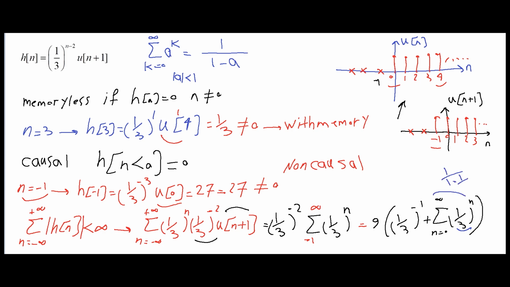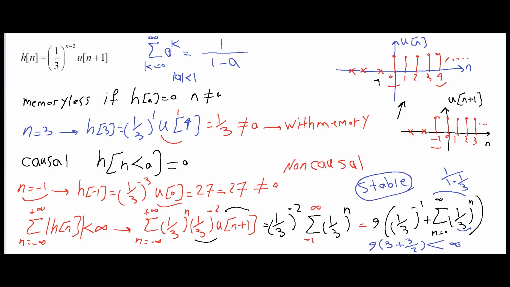So the infinite series becomes 1 divided by 1 minus 1/3, which simplifies to 3/2. Finally, the total result becomes 9 multiplied by 3 plus 3/2, which is a finite value.